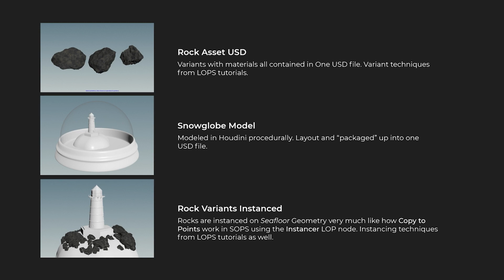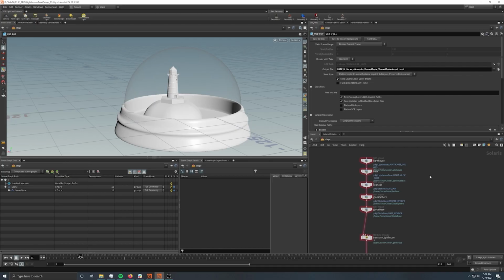All the attributes are pretty much the same, like pscale and the normal attribute for the points, to control the size and orientation of each instance. So it's really nice.